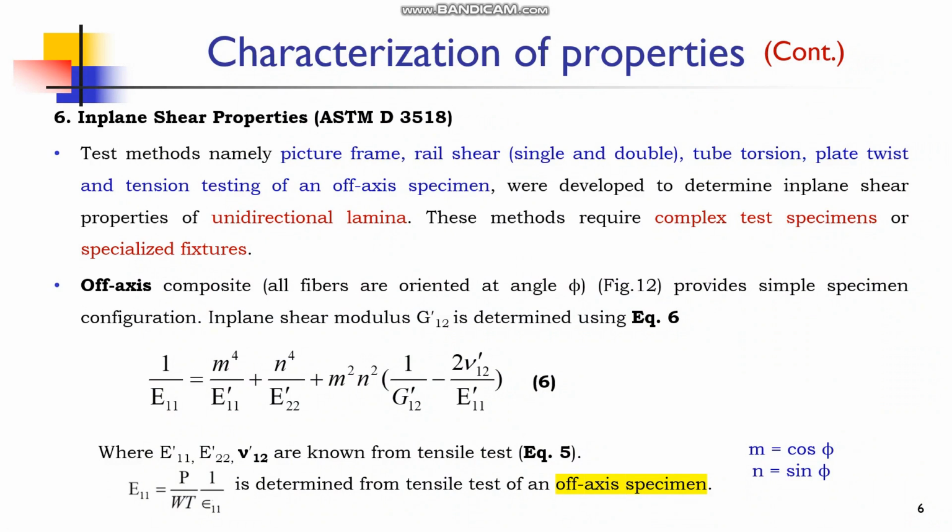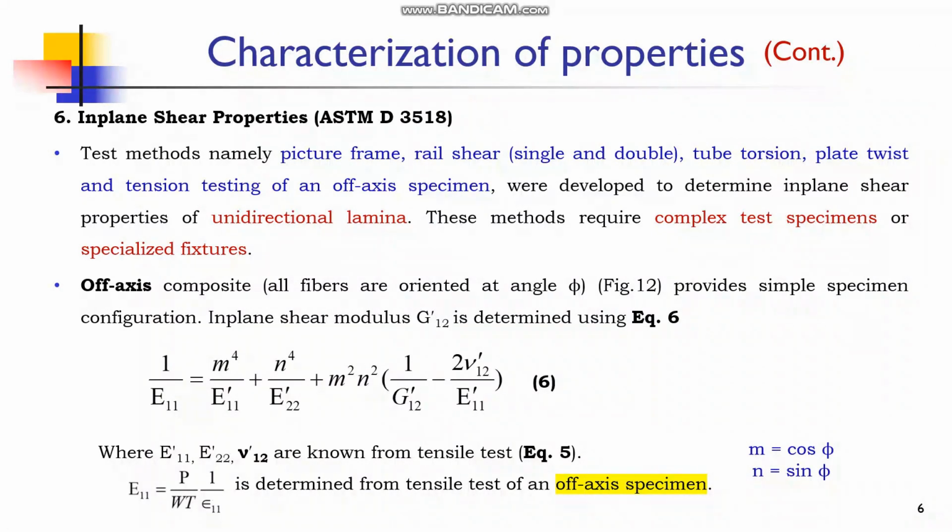Especially these tests are used for finding properties of UD lamina, unidirectional lamina. But the challenge with these methods is that they require complex shaped specimens as well as specialized or custom made fixtures. Among all, the off-axis specimen subjected to tensile testing is the most common for shear property.